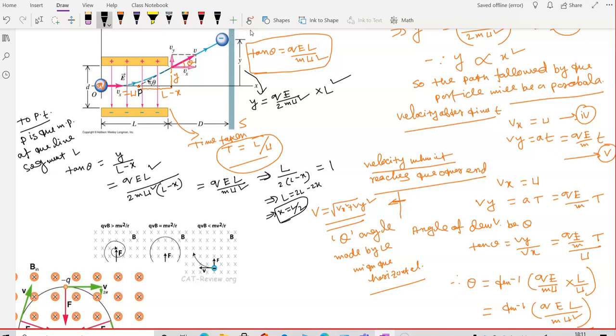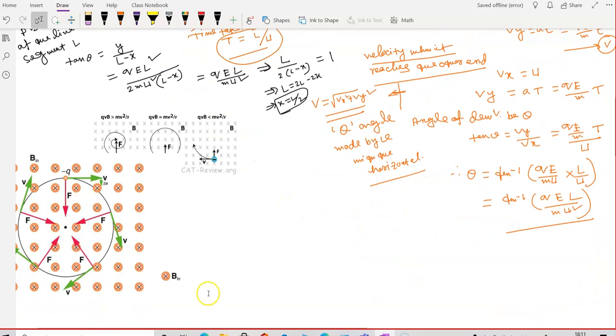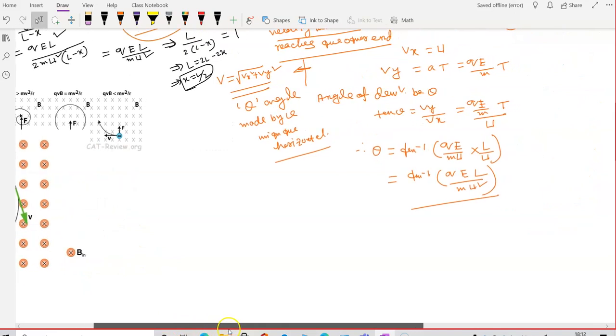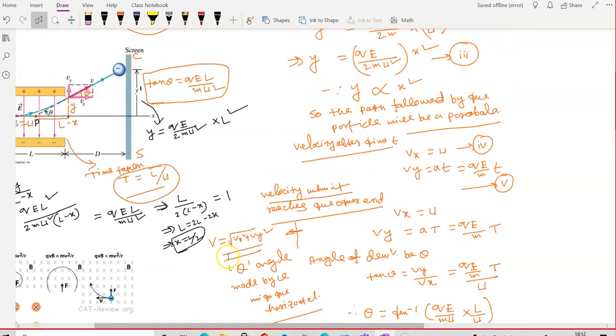Just by using trigonometry, anyone can determine, if the screen is kept the way they have shown here, at a distance d, where it will strike on the screen. That point is y dash, say, you can find easily. So let us go for that calculation. Let the charged particle strike the screen at a distance y dash above the axis.